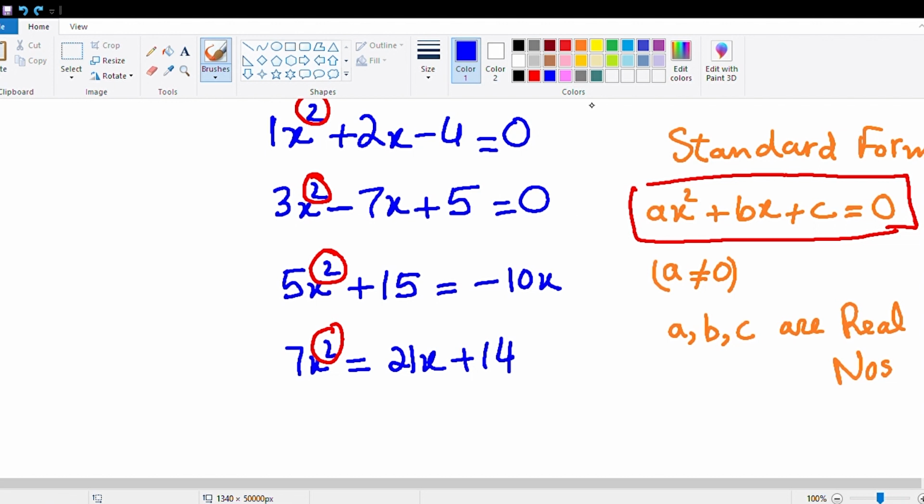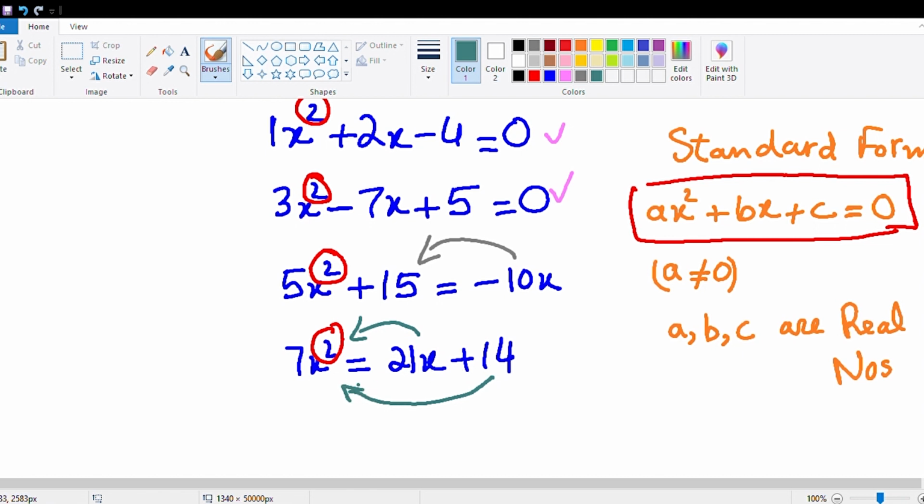Let me just change the color. These ones we can write in standard form by taking 10x to the other side, in this case minus 10x. When it goes to the other side, it will become plus 10x. And over here, we'll have to move 21x and 14 to the other side.